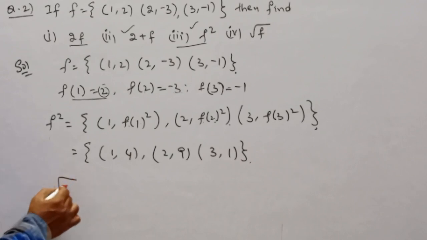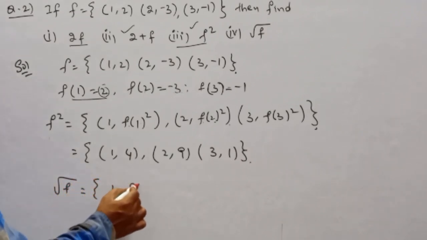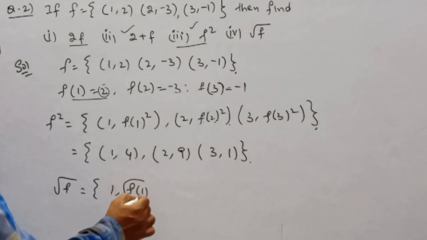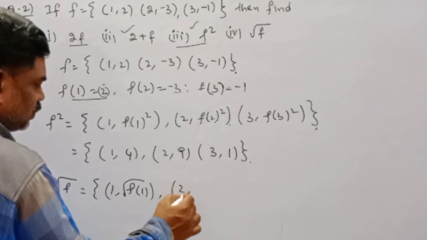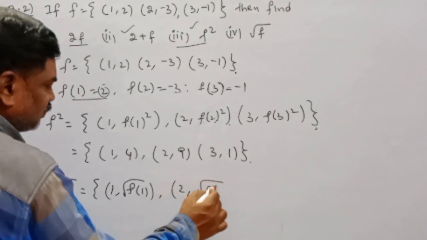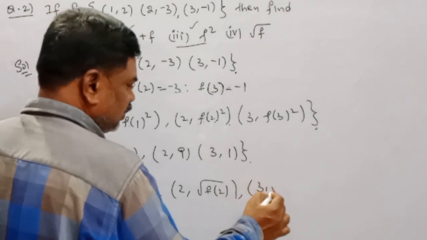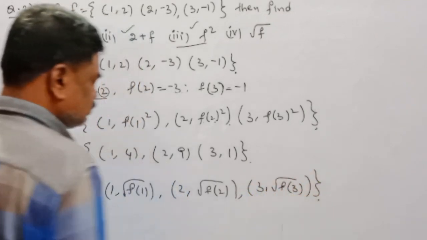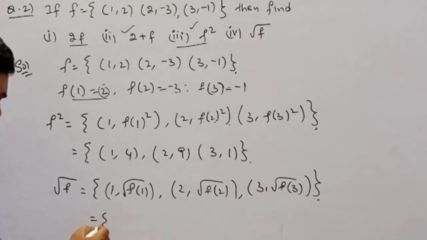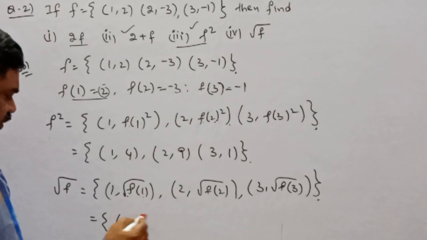Next, root f. Root f is the ordered pairs (1, root f of 1), (2, root f of 2), (3, root f of 3). Here you see (1, root f of 1), that is root 2.